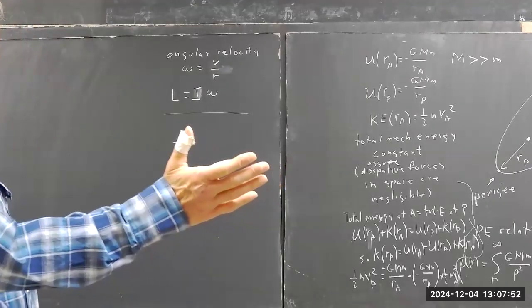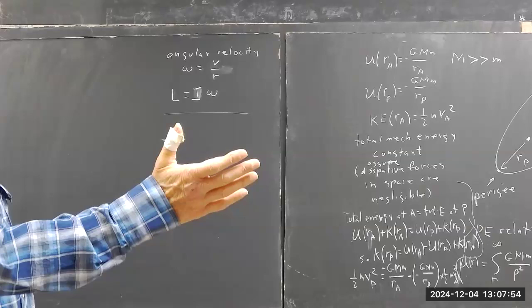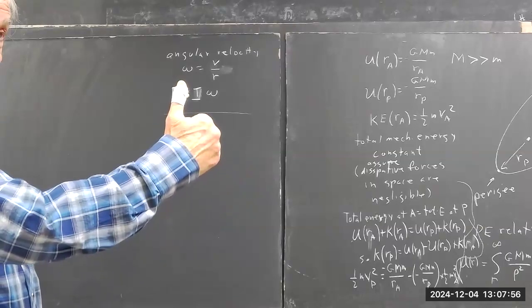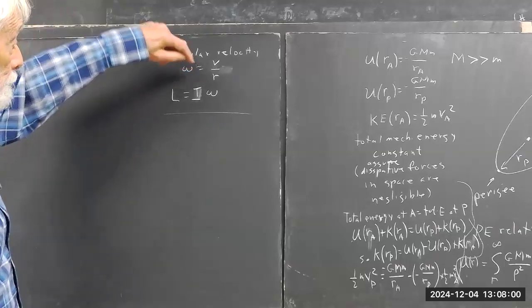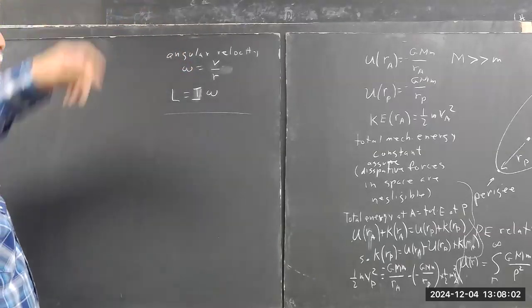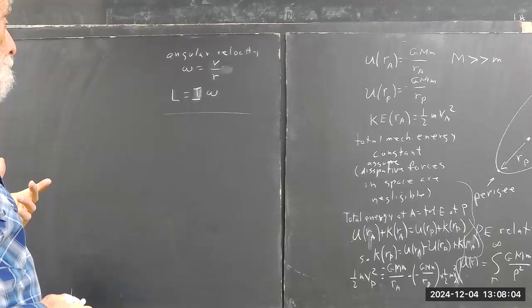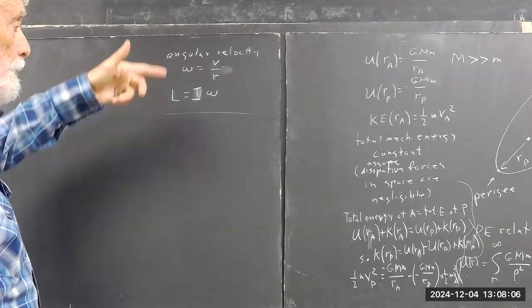You take your R vector and you cross it with your V vector. And you get your omega vector. But there's your angular momentum.